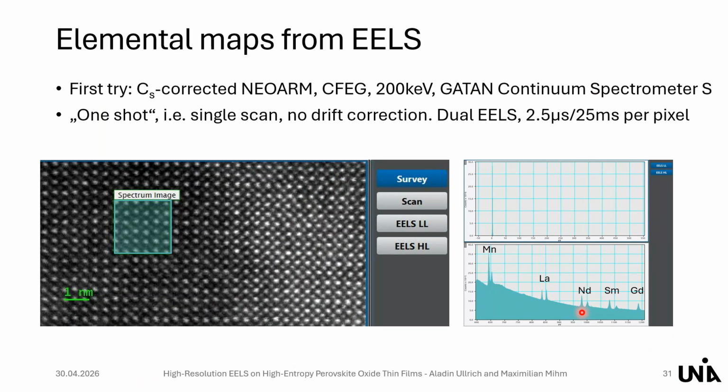The last thing I want to say is that the maps you saw on the last slides were areal density, so this is a quantitative result. Because we acquire data with dual EELS, we can use the low loss to remove the thickness effect, and we get the atoms per unit area.